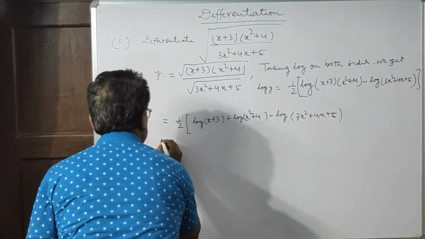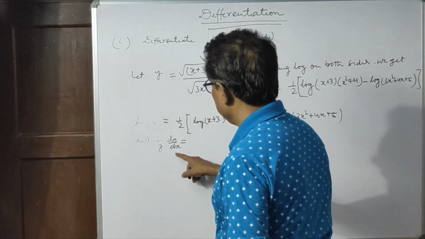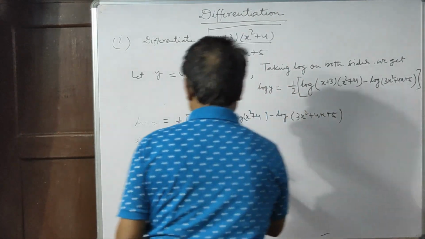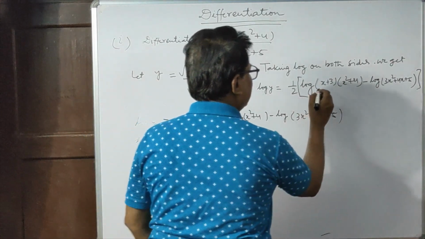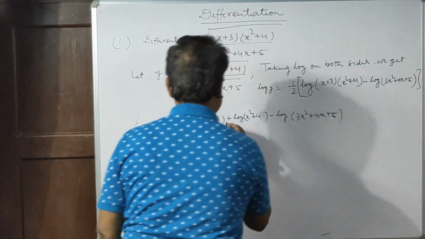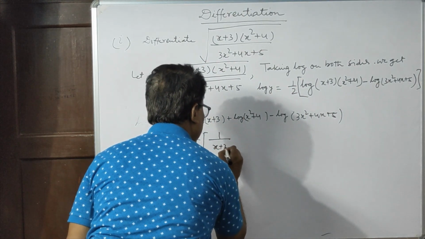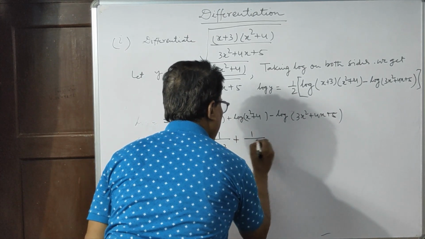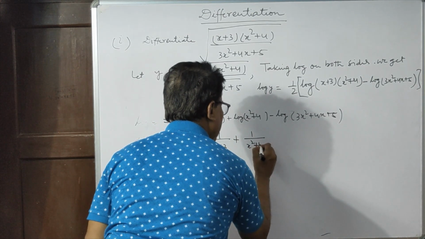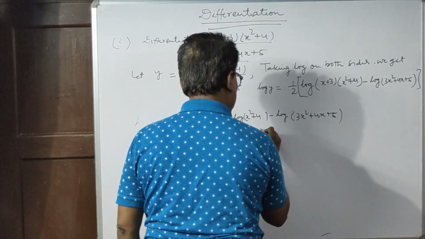So differentiating log y, we get 1 by y dy by dx. 1 by 2 we will write. Then we will differentiate log x plus 3, the derivative will be 1 by x plus 3, plus 1 by x square plus 4, the derivative of log x square plus 4 into 2x.